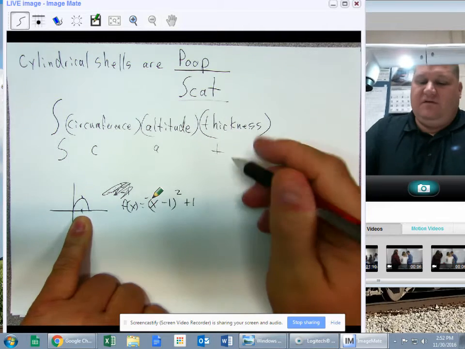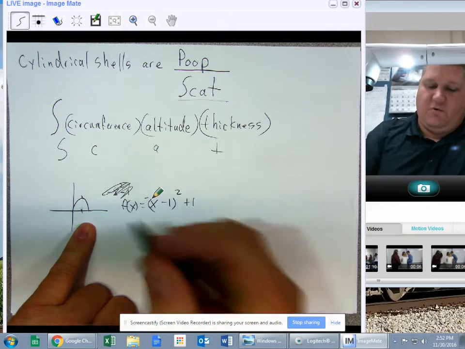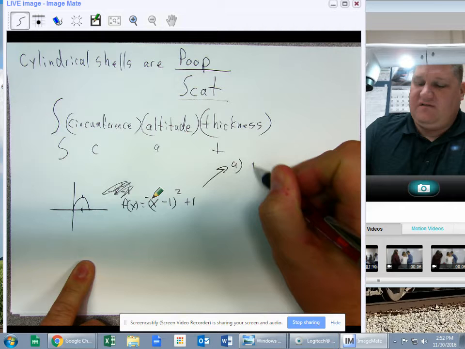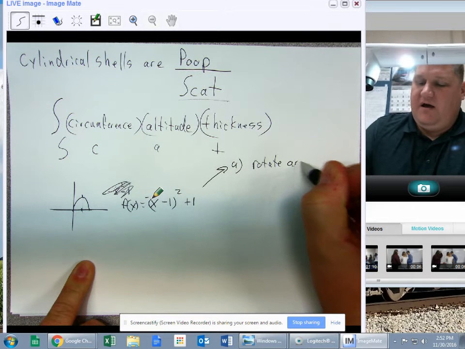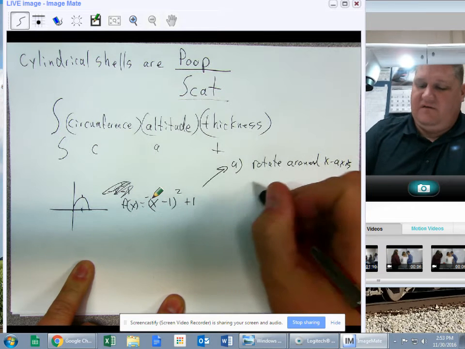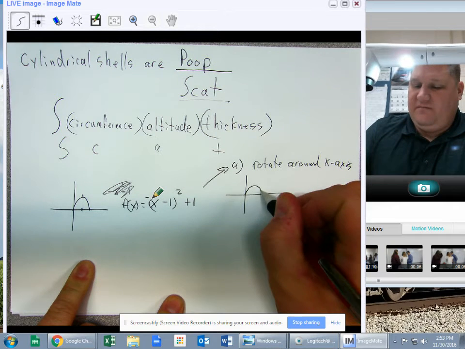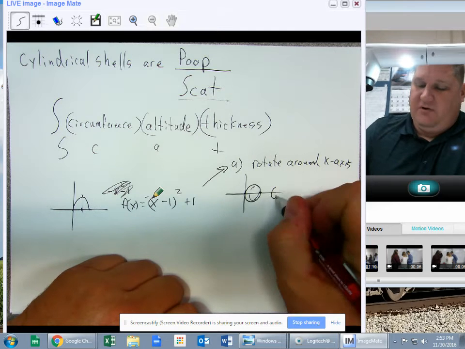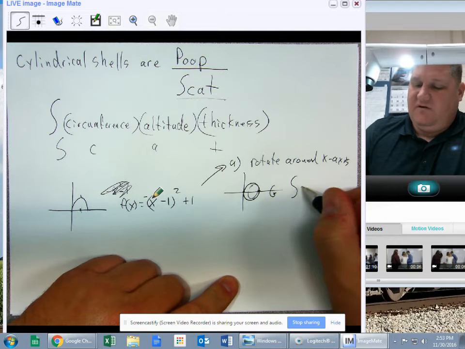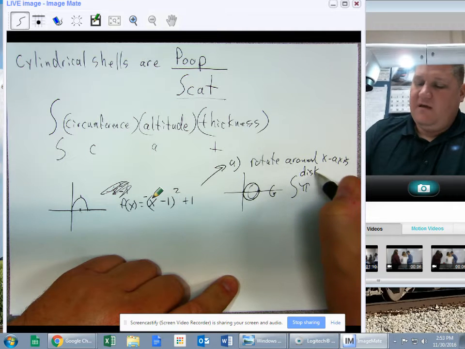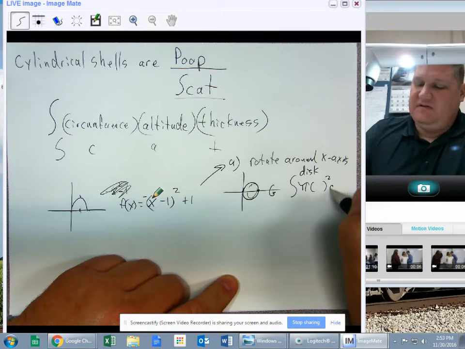First of all, let's do this with discs and washers. If I want to rotate around the x-axis, the nice thing is I'm going to have this kind of lemon-looking shape, and it's going to go around like that. That works out pretty nicely, and that's going to be the integration of pi, because in this case we can use the disk method, pi r squared dx.